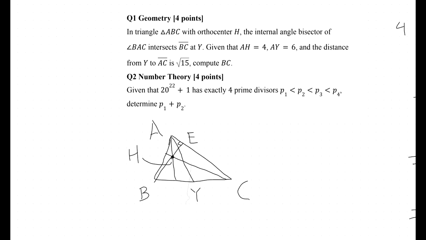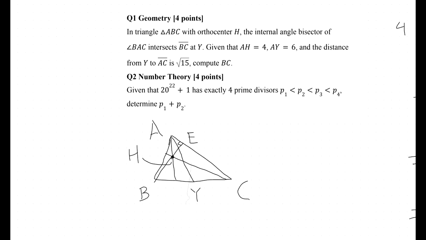Okay, so now we notice that cosine of A over 2 is equal to cosine of YAC, because Y is on the angle bisector of BAC.